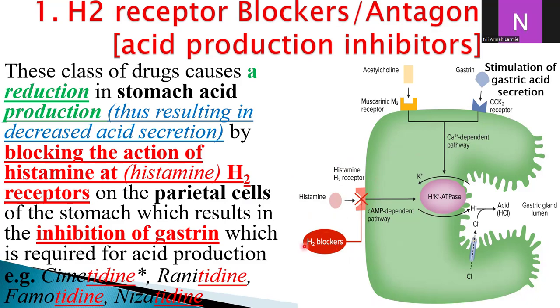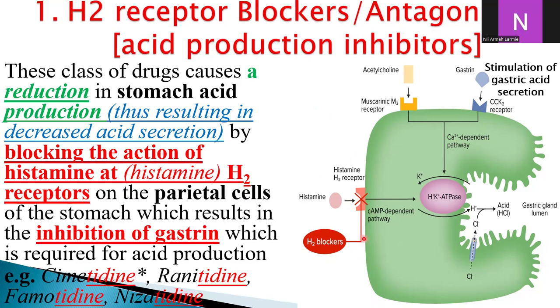And once our blocker blocks this H2 receptor, the receptor is not available for histamine, so that the production of acid and ultimately the secretion is affected. It's been estimated that when we put in an H2 blocker, it's usually able to block about 50% of production and hence 50% of secretion.